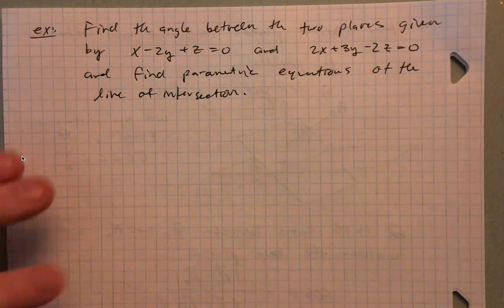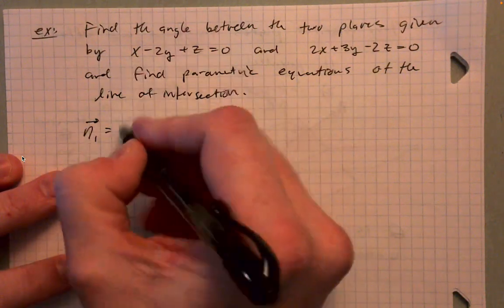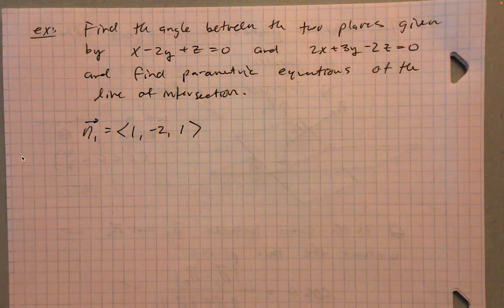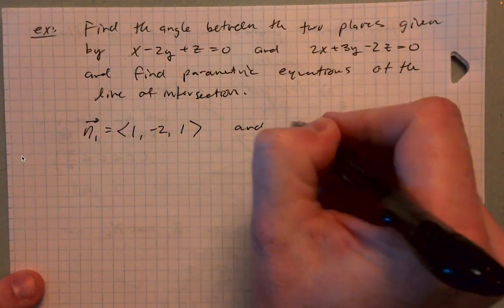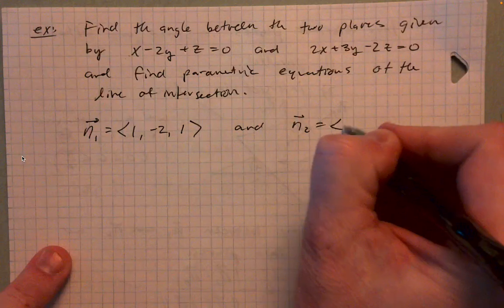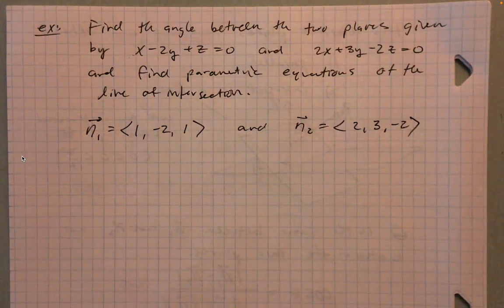So n1 would be 1, -2, 1, just reading them off here. And the second normal vector would be 2, 3, -2, just read right off of the equations. When they're in this form, they're very easy to work with.